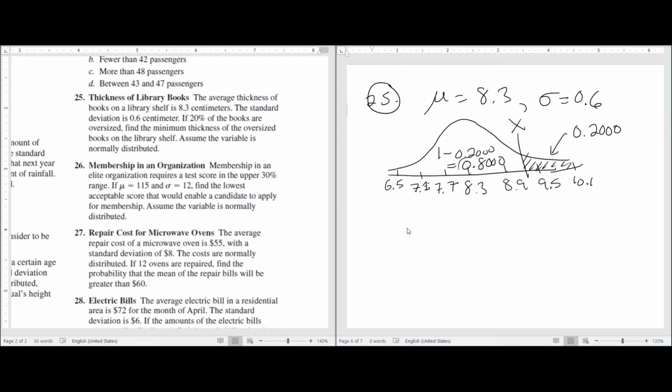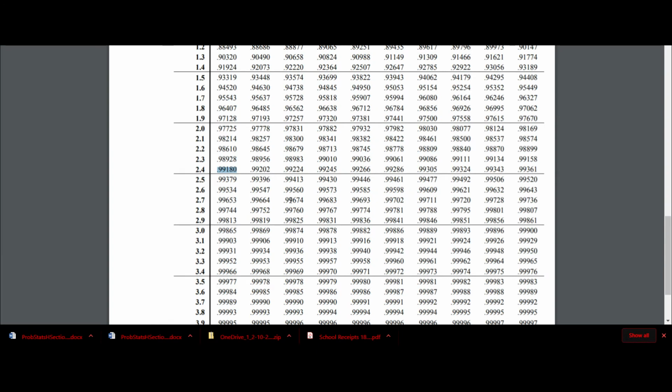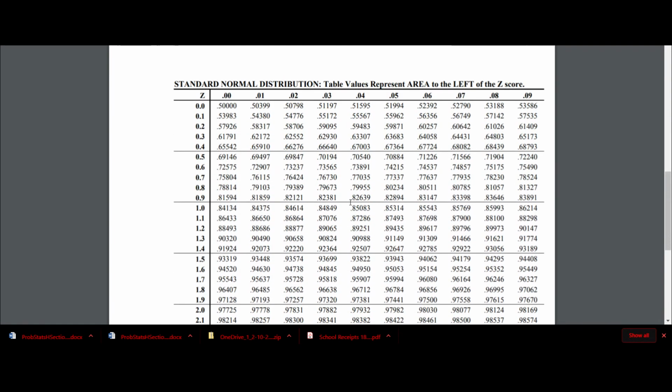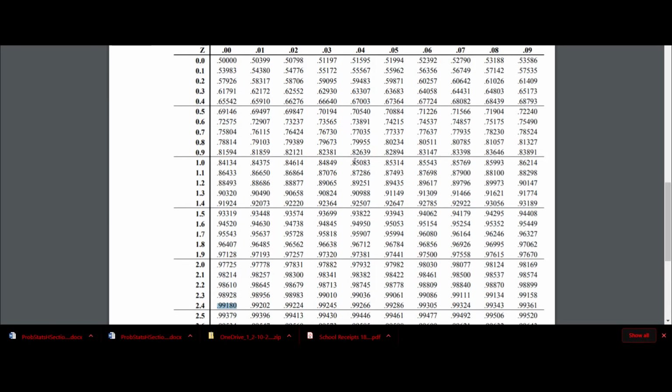So we're going to use that value and look that up in the table. That's an area. This is saying that the area is 0.800, not the z-score. We need to figure out what z-score corresponds to this, so we need to convert this to a z-score. Let's go to the table. We want to look up the area of 0.8000, as close to that as possible.